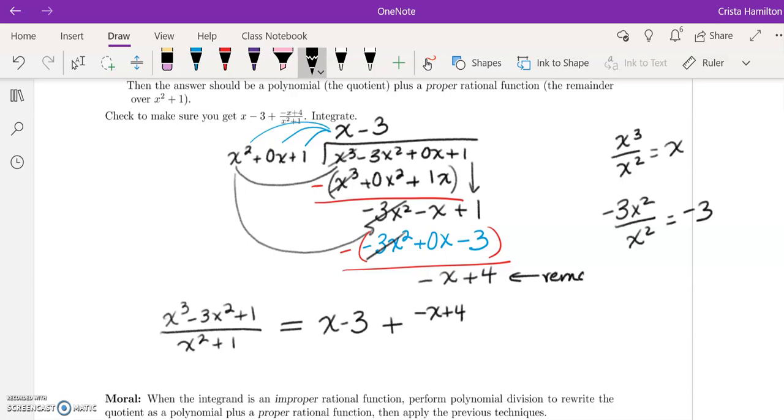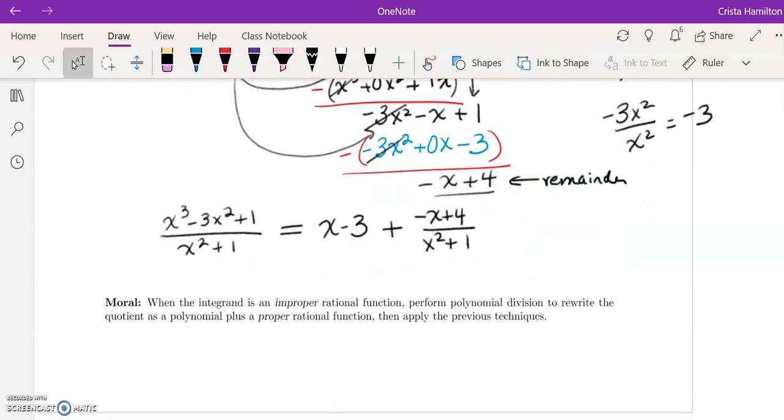This is your remainder down here. It is your remainder because the degree is smaller than your divisor. The degree here is 1, whereas the degree up there is 2, so we know that that's the remainder, over your divisor, x squared plus 1.